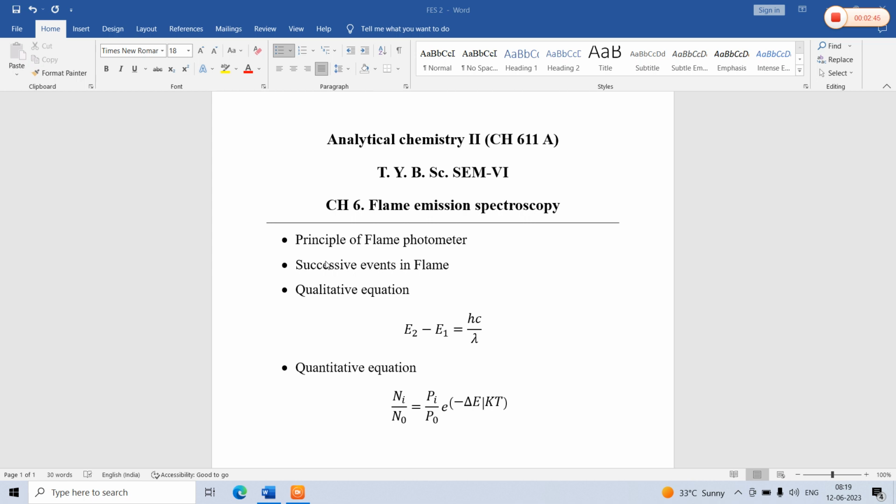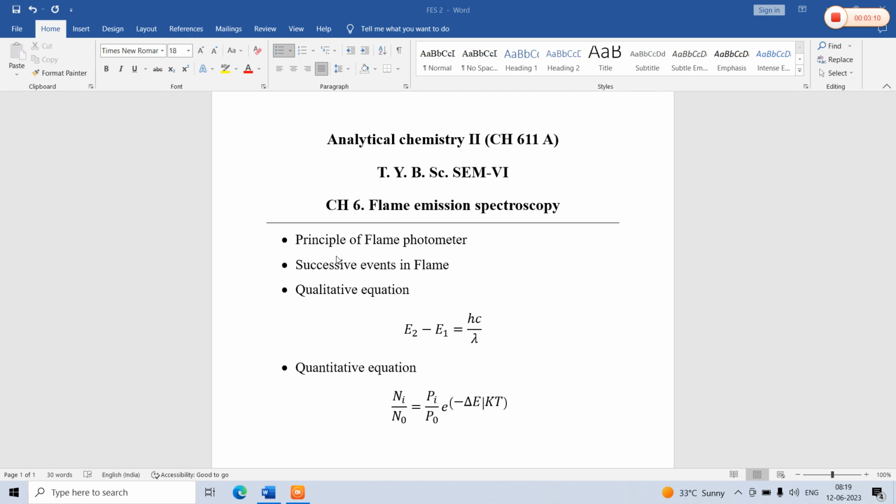And the last one is some of the neutral atoms may combine with the radicals in the flame to form new gaseous compounds such as a metal oxide, and this metal oxide gives the chemical interferences in this technique. Now this is the second point of this video, that there are successive events that take place.